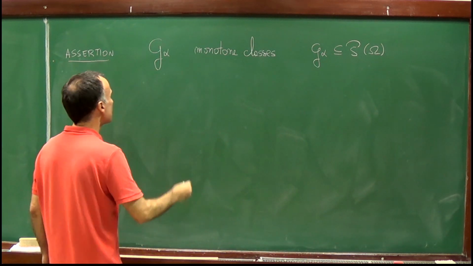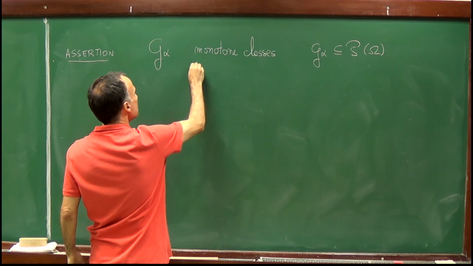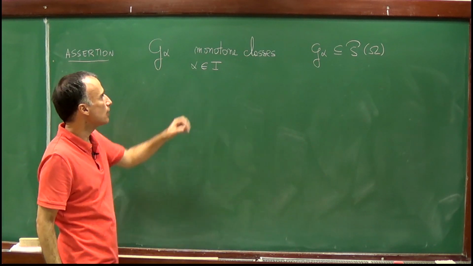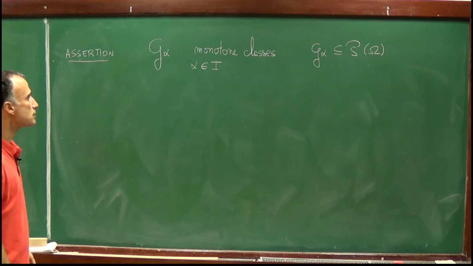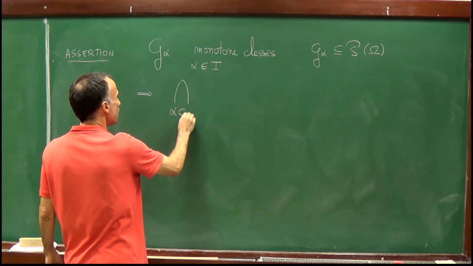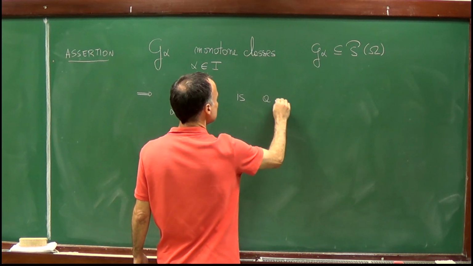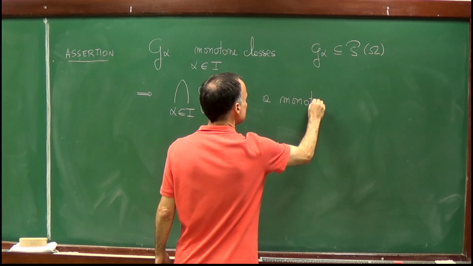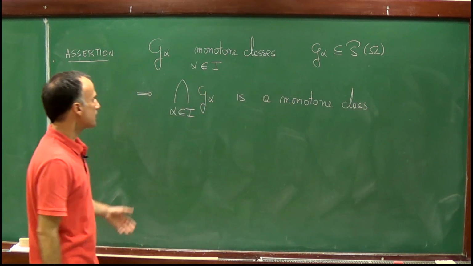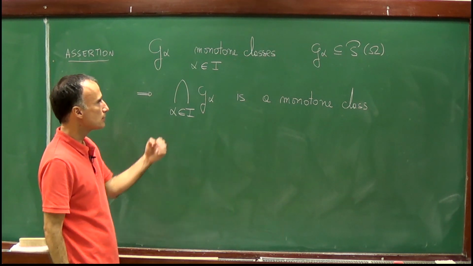Then what I claim, and here the index alpha belongs to some set I, and I'm not imposing any condition on the family of indices, is that the intersection over alpha in I of G alpha is also a monotone class. And that's very simple. I leave it to you to check that indeed this intersection is a monotone class.